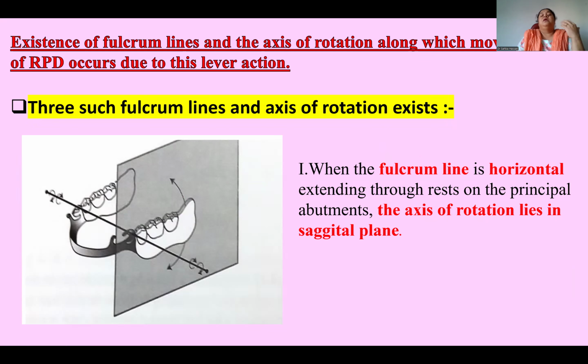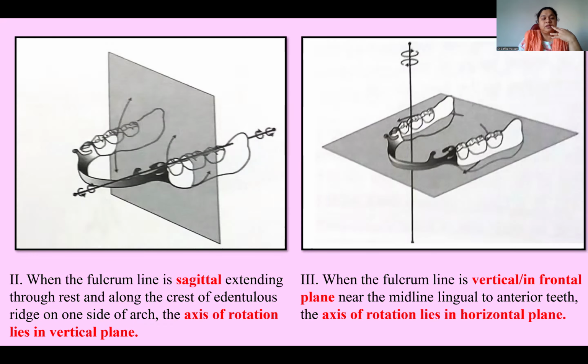This is not very important from a BDS point of view, but if you are going for your PG examination, for NEET MDS, it is important. If you're a BDS student, you just understand what a fulcrum line is. And second, when the fulcrum line is sagittal, see the line you can see, that is the fulcrum line.